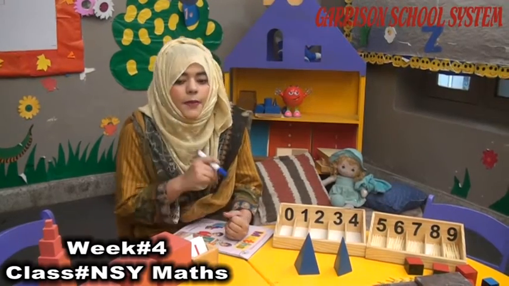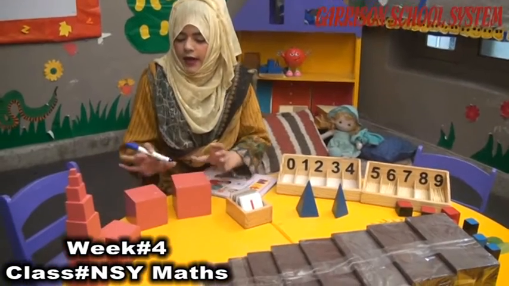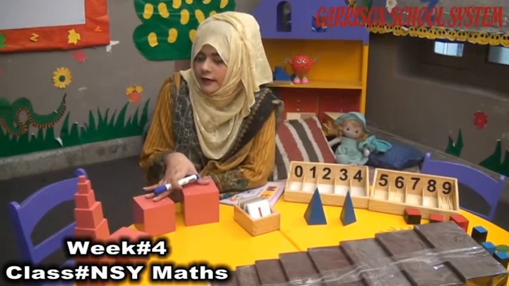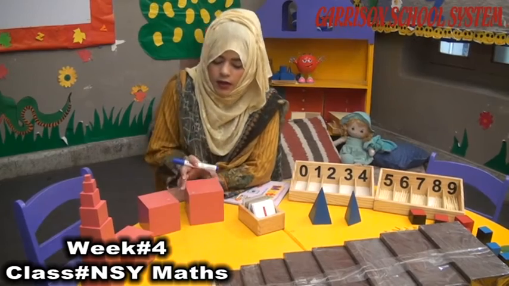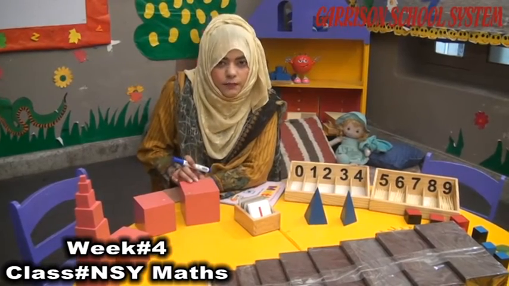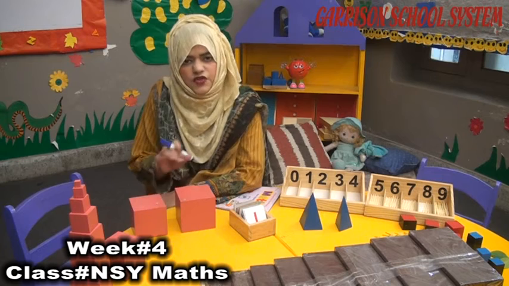So how are you gonna compare? For example, you have seen these blocks over here. These are very pretty blocks. These all are square in shape, as you see, right? These are the same shape.